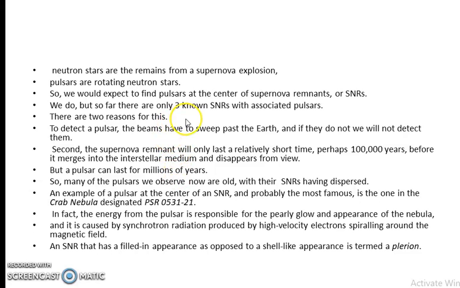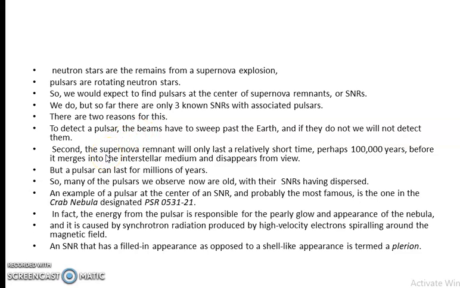But only 3 supernova remnants with associated pulsars have been discovered. And there are 2 reasons for this. അപ്പൊ ഒന്നാമത്തെ റീസൺ എന്താന്ന് വെച്ചാൽ, ഒരു പൾസാറിനെ ഡിറ്റക്ട് ചെയ്യണമെങ്കിൽ അതിന്റെ ബീംസ് ഷുഡ് സ്വീപ് പാസ് ദി എർത്ത്. അപ്പൊ അത് എർത്തിൽ സ്വീപ് പാസ് ചെയ്യുന്നില്ലെങ്കിൽ അത് ഡിറ്റക്ട് ചെയ്യില്ല. So that is the first reason.